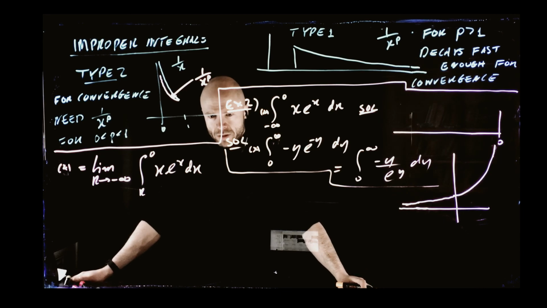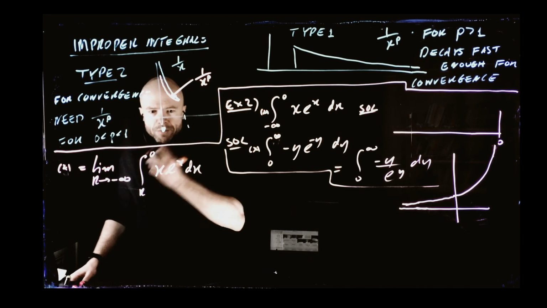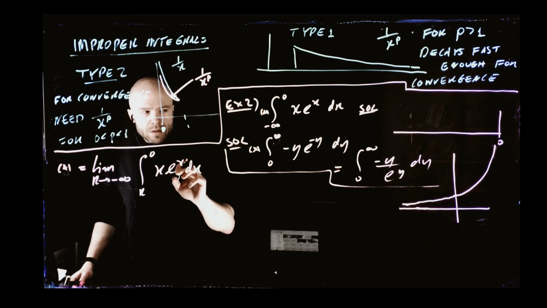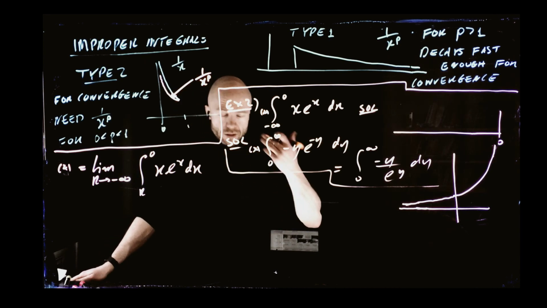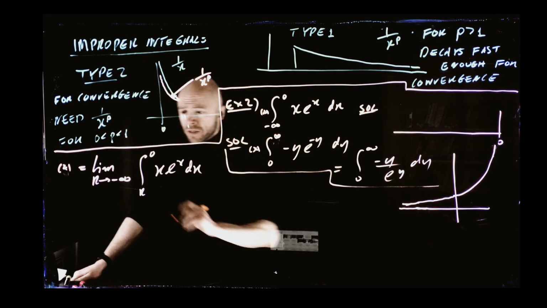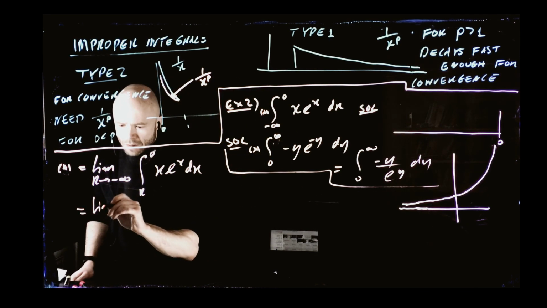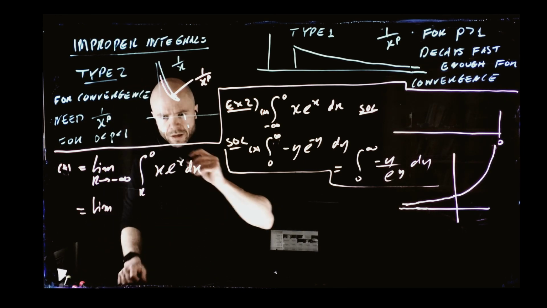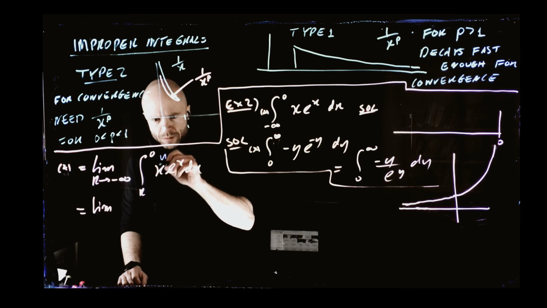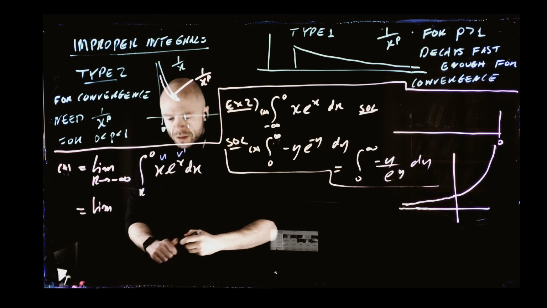Integration by parts, right? Because it's a classic integration by parts problem. We have an x and e to the x, right? And we know if we differentiate the x, it goes down to 1, it becomes easier. If we integrate e to the x, it's still e to the x, it becomes no worse. So when you use integration by parts, we are going to let u be the x and v prime be the e to the x.